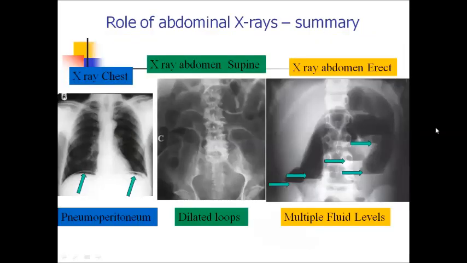Role of abdominal X-ray in summary. Chest X-ray is very valuable in finding pneumoperitoneum as a result of perforation, and abdominal X-ray made in supine or erect position shows different symptoms of intestinal obstruction.